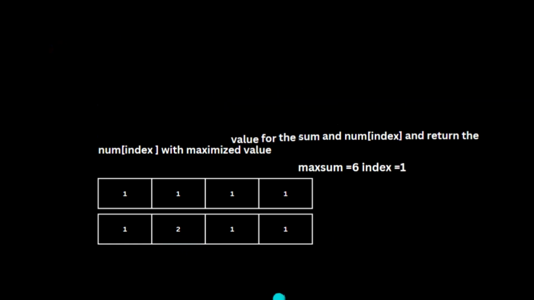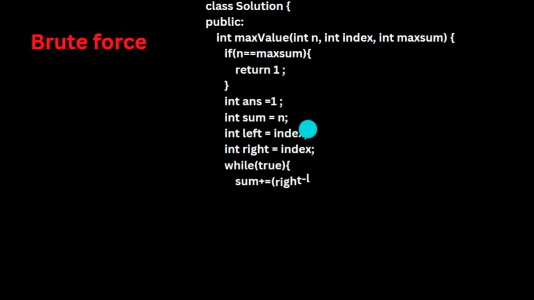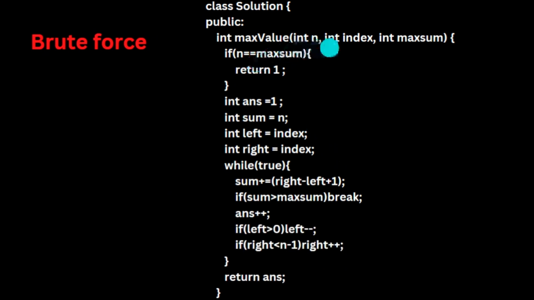So let's go through the brute force code. Here we are returning an integer and taking three inputs: n, index, and maxSum. If n is equal to maxSum, we return 1 as we discussed. We initialize answer equal to 1, sum equal to n, and left and right indices for calculating the sum.